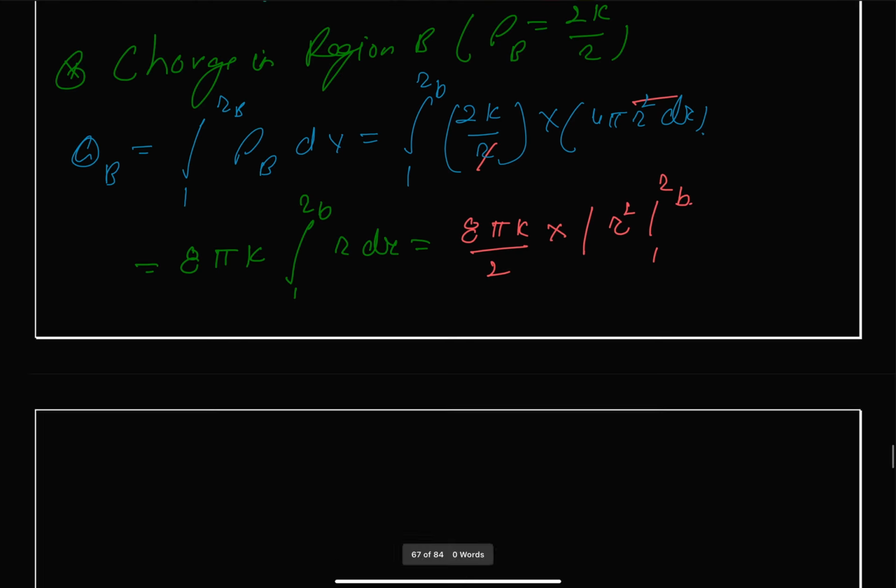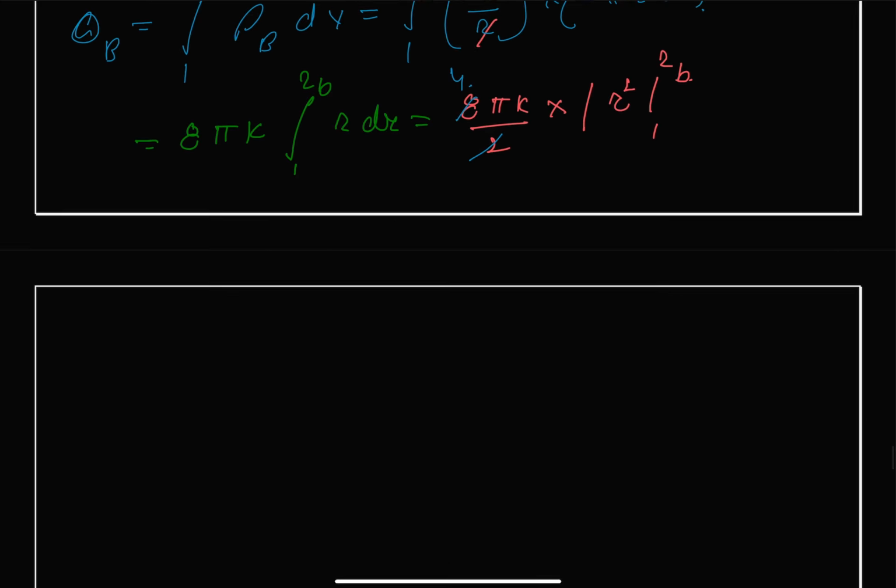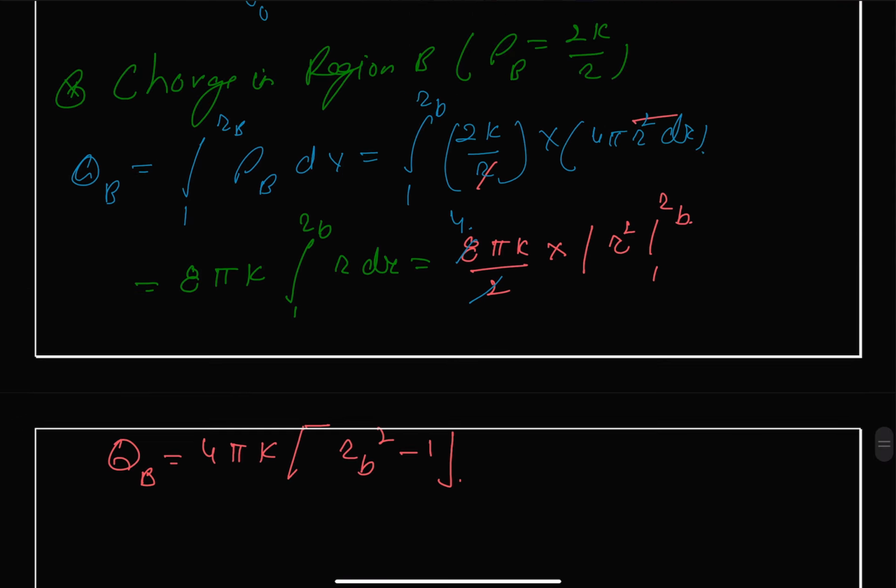So 2 goes by this 8, so we get our charge QB will be equal to 4 pi k, and it will be coming as RB square minus 1. Capital B, not small b.